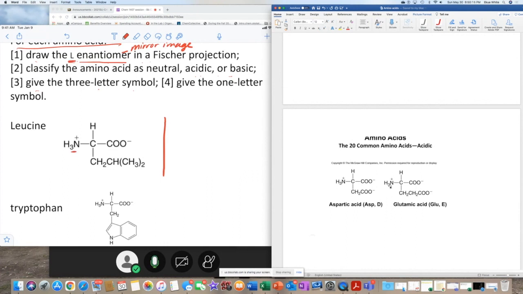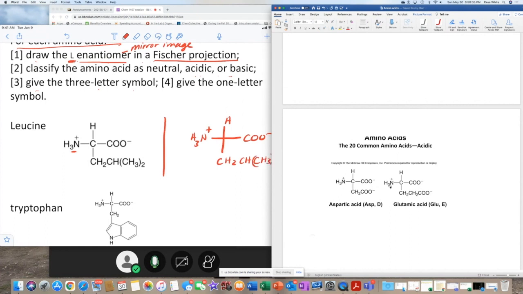So I'm looking at this right now, and this is already L, but it's not a Fisher projection. So I'm going to go ahead and draw this out like this: COO minus, H on top, NH3 positive, CH2, CH, CH3.